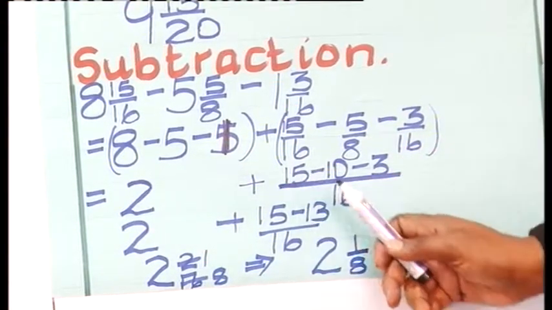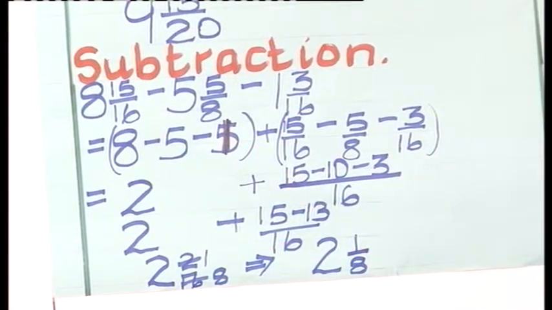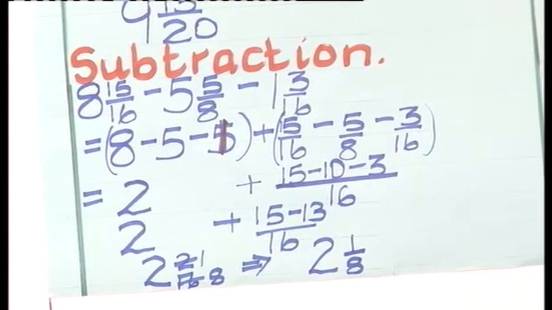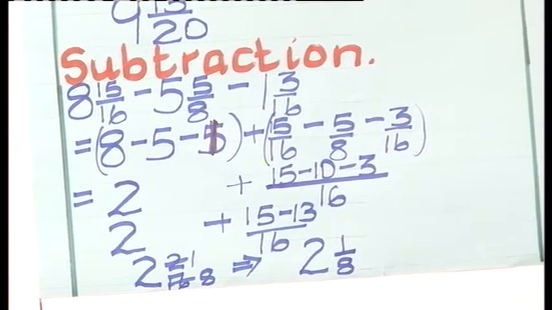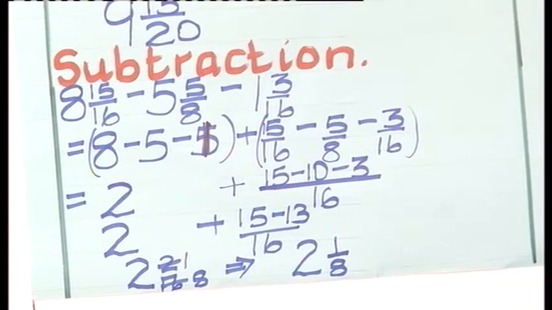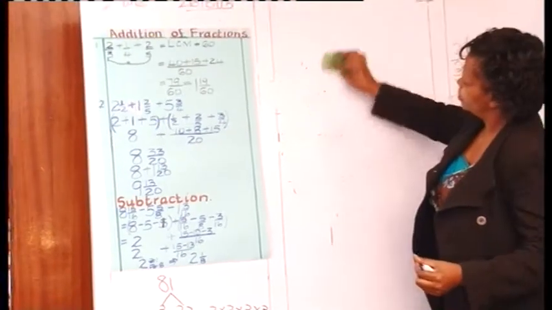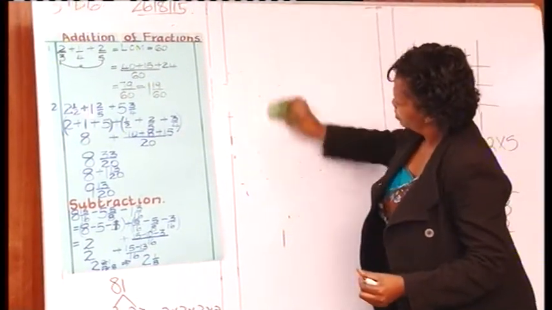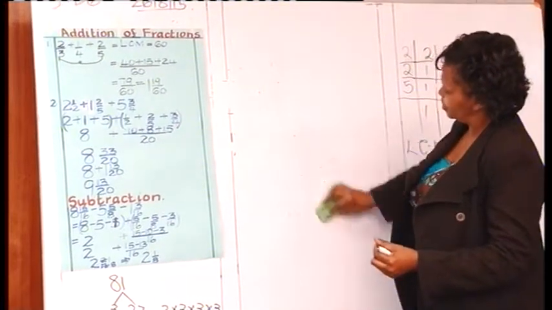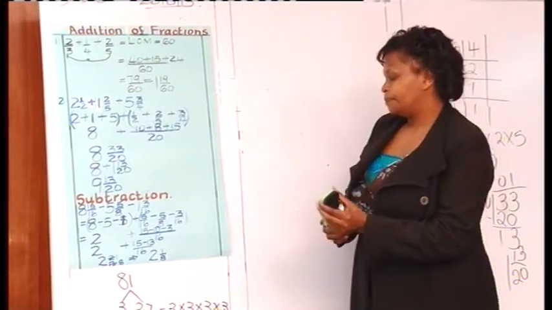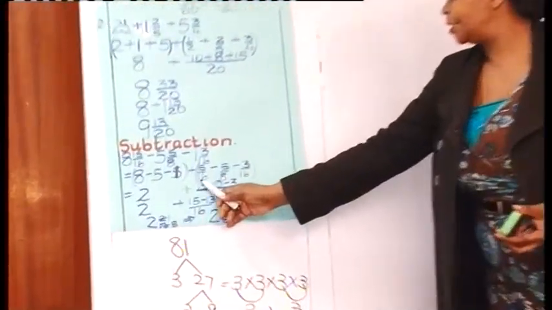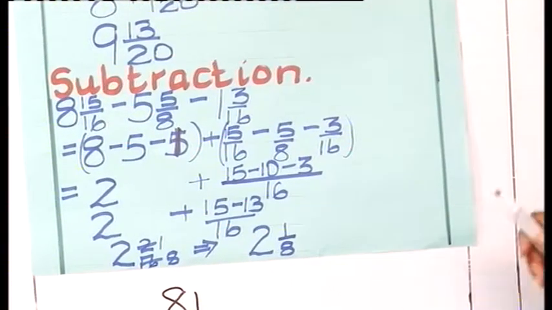Then with our fractions, first get the LCM, just like we did with the addition of fractions. So I get the LCM of 16, 8, and 16.